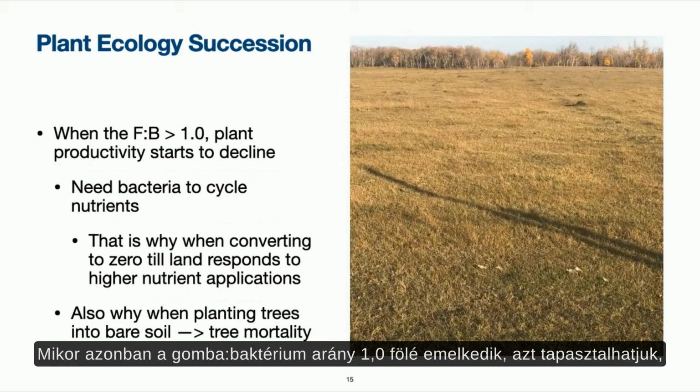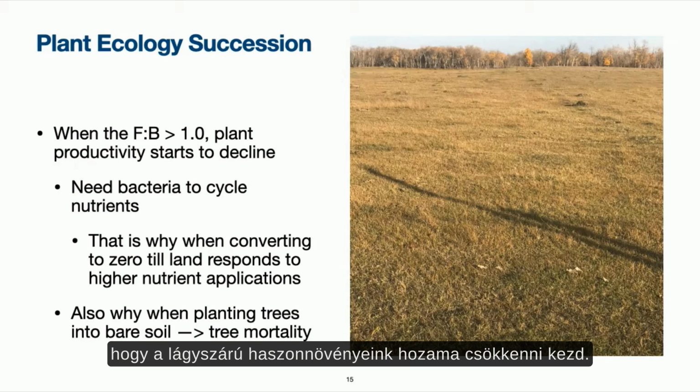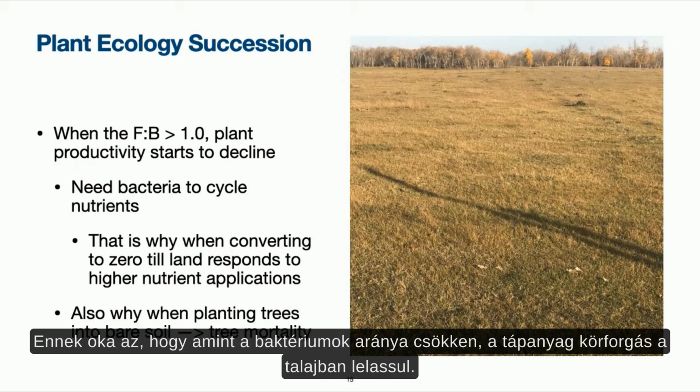When we have a fungal bacteria ratio over 1.0, or 1 to 1, we usually start seeing plant productivity start to decline. And that's normally because when we go into a management where we're not fostering that bacteria to grow and thrive, our nutrient cycles start slowing down.